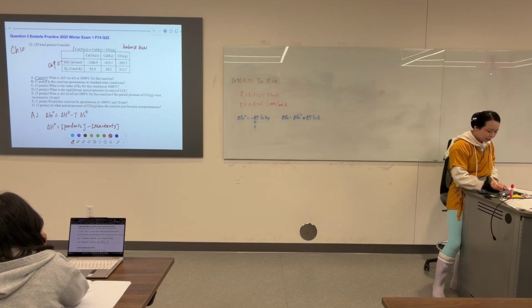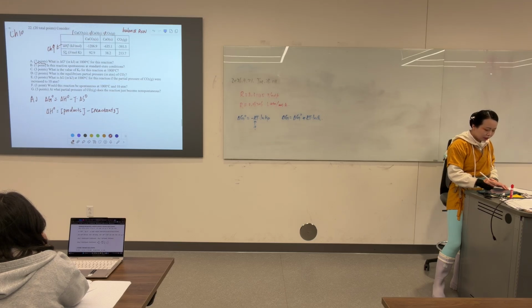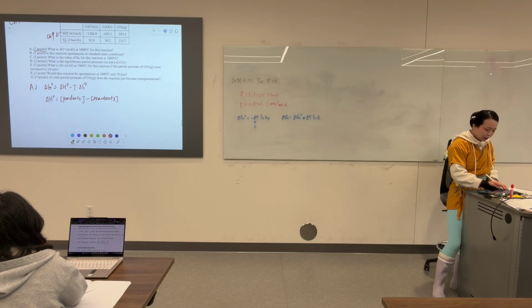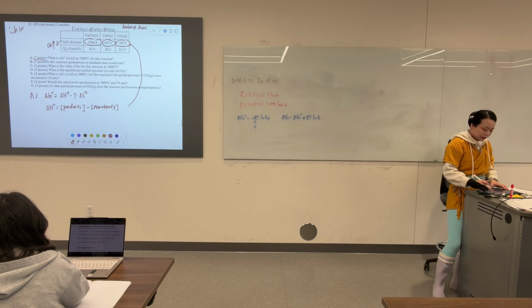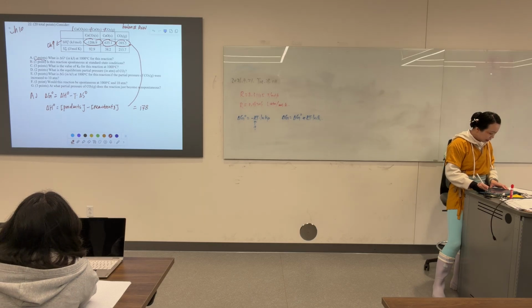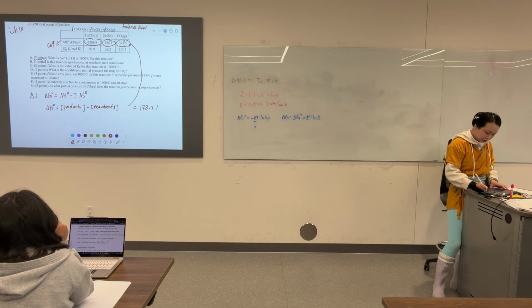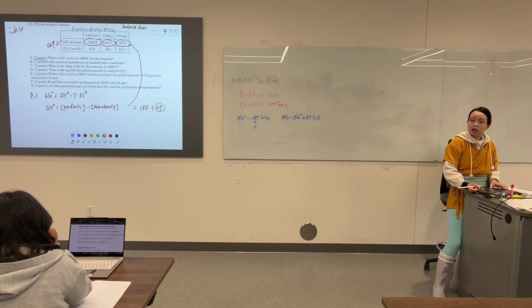This one is 1, 1, 1, so we should just plug in those numbers into product minus reactant. I think you should get 178.3 kilojoules.